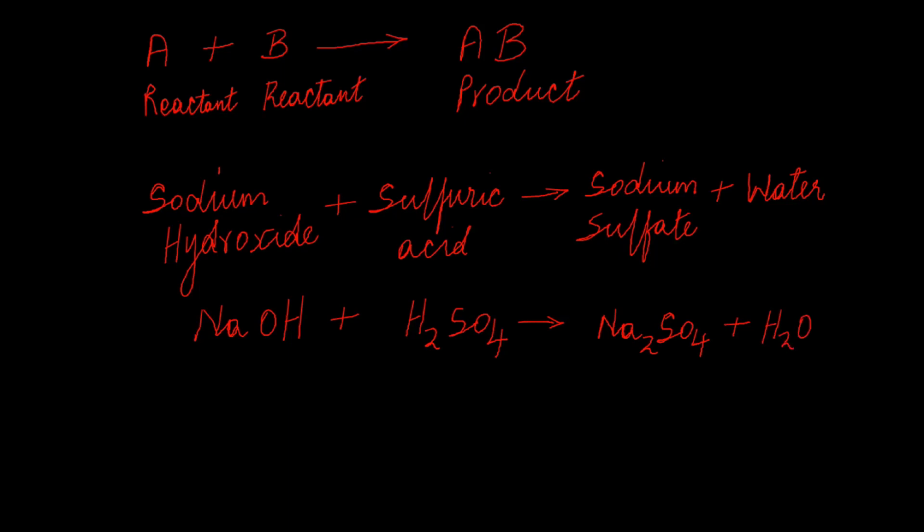Now, how many sodiums on the left hand side? On the reactant side, 1. But on the product side, there's 2 sodiums. So after we write the formula, now we have to balance the equation. We have to make the number of atoms on each side the same. There are certain rules for balancing.